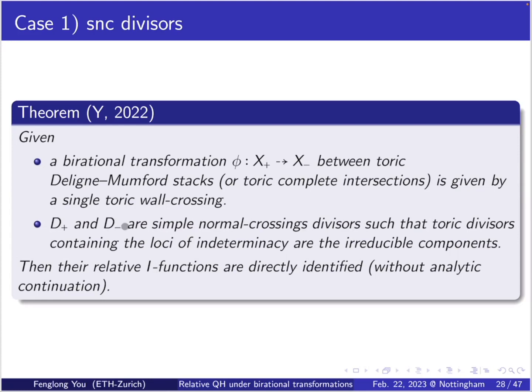But if we do relative quantum cohomology, then the relation is directly obtained without any analytic continuation. So that's one piece of evidence that in general this relative quantum cohomology should be easier when we consider these birational transformations.